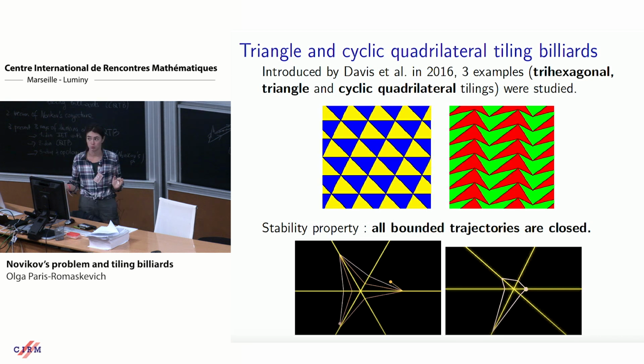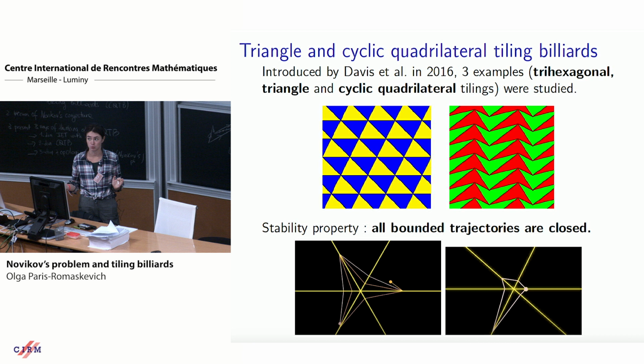It's a very new system. Actually, I learned about the existence of the system in the same place 4 years ago from Dana Davis. She was speaking about trihexagonal tiling billiard, made from equilateral triangles and equilateral hexagons. She was also speaking about triangle tilings.